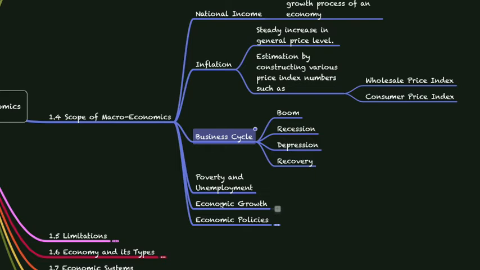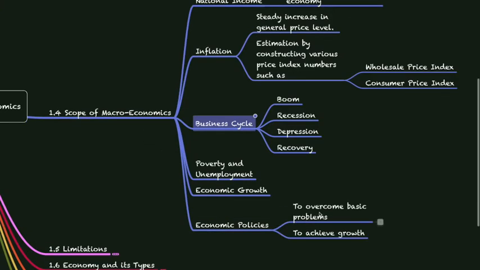Next, it is also important for economic growth and creating economic policies to overcome basic problems and also to achieve growth, which is the main motive for any economic activity. Why do we buy, or why do we manufacture, or why do we produce goods? It's all because we aim to achieve growth in our own lifestyle as well as in the societal lifestyle.